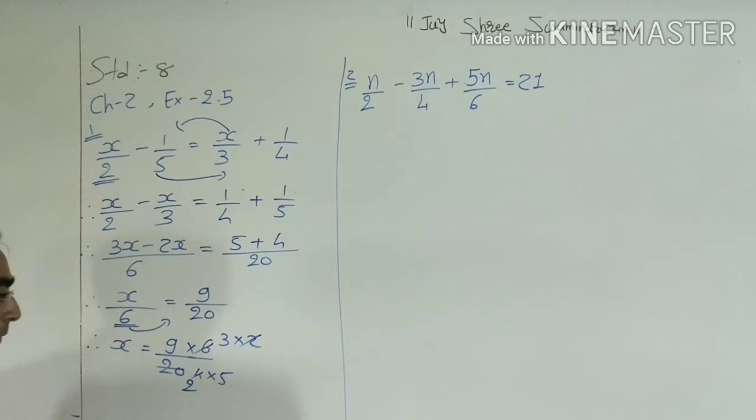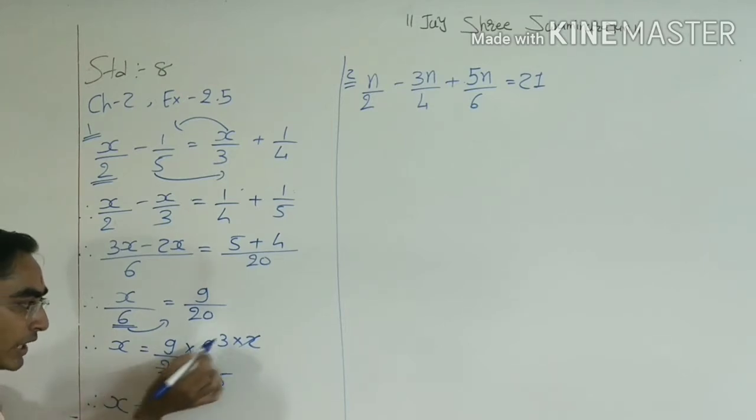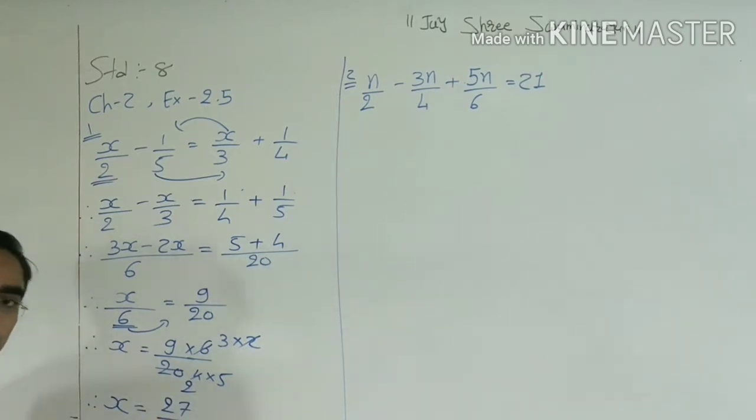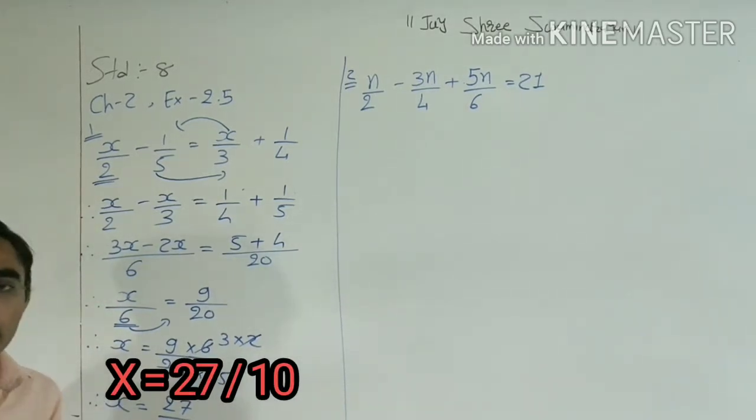Now we cannot simplify it further. In the numerator we have 9 and 3, so 9 3s are 27 divided by 5 2s are 10. So your answer is x equals 27 by 10.